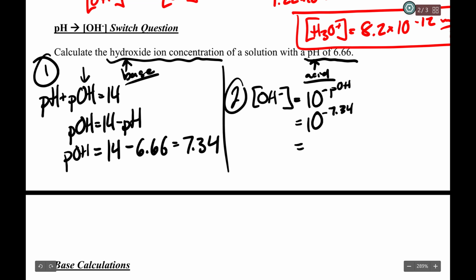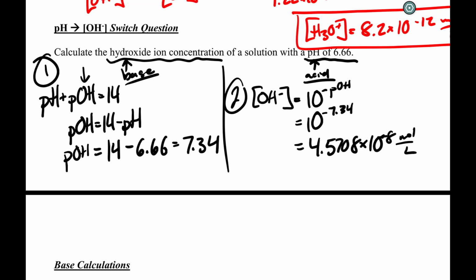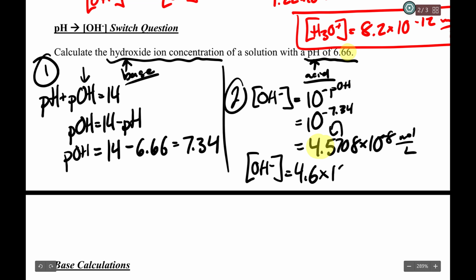And so we get an answer of 4.5708 times 10 to the negative 8 moles per liter. But if I'm doing significant digits, I need 2 significant digits, 2 decimal places in the pH. And so my hydroxide ion concentration is really equal to 4.6, because the 7 rounds it up, times 10 to the negative 8 moles per liter.